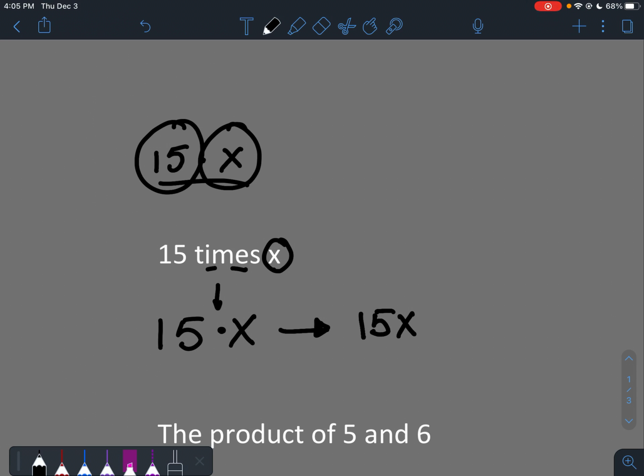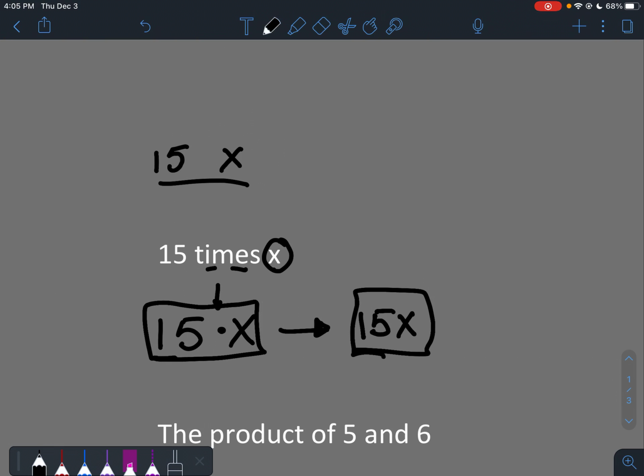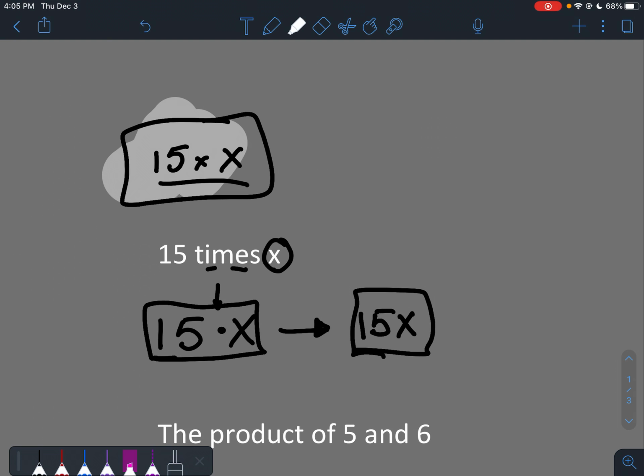When the number is next to the variable like that, it's called a coefficient, and multiplication is implied. So 15x, or you can write it as 15 dot x. Let's try to avoid that 15 x x right there, because that is going to lead to some issues with recognizing what's going on.